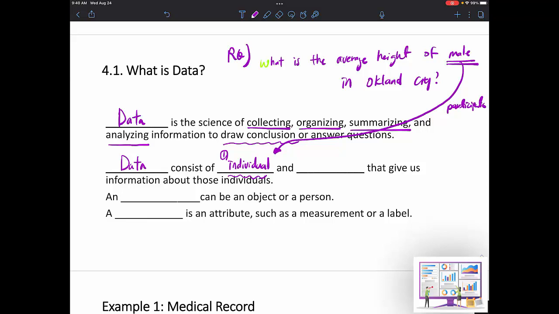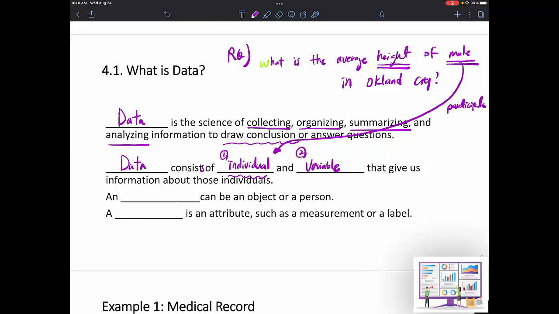And then which item am I collecting, what kind of information are you collecting? We are collecting the height. So the item that you are collecting, we call a variable. So you need those two main components to describe the data, okay? So data consists of individuals and variables that give us information about those individuals, okay?